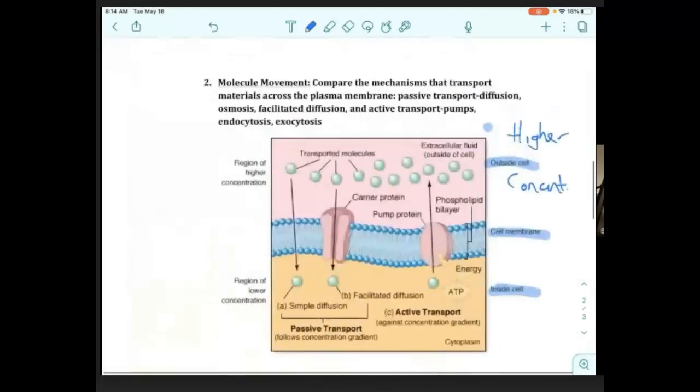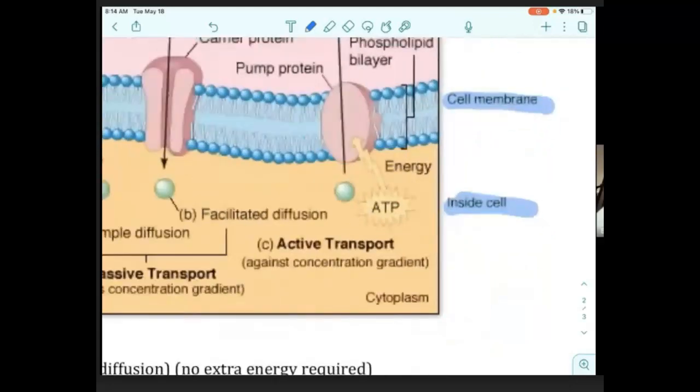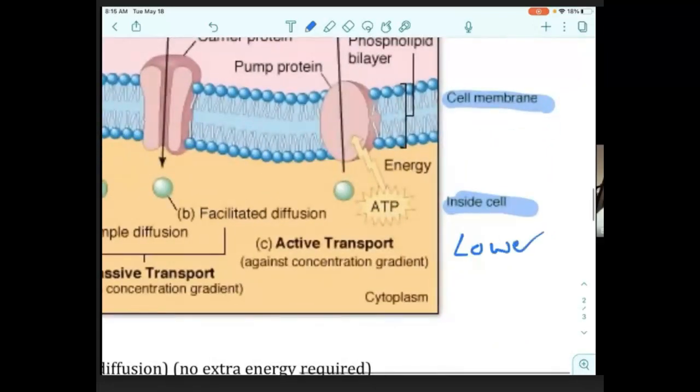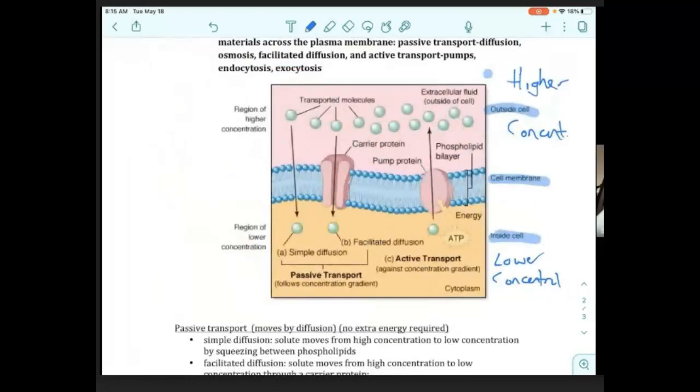Remember, we think of concentration as how crowded an area is with molecules. So it's pretty crowded, right? There's a lot of green balls hanging out there outside of the cell. And inside the cell, there's a lower concentration.